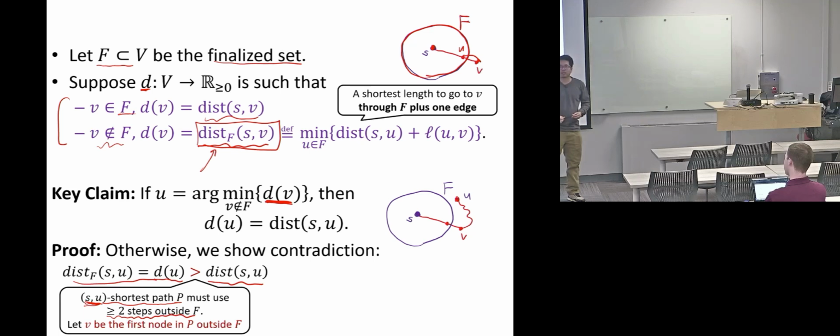Okay. Are the lengths of the edges the same in this case, or not? Not the same.